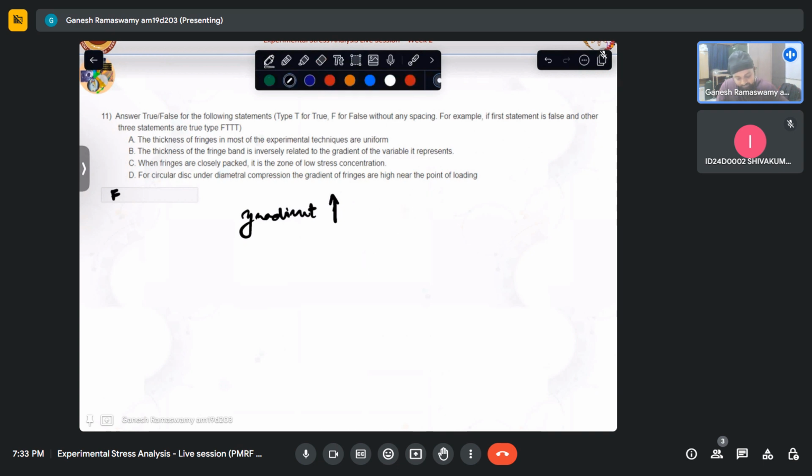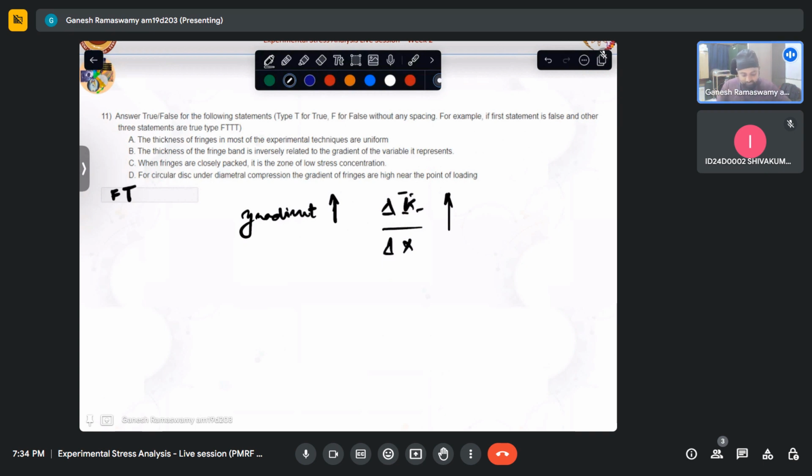Let this be that parameter, so delta K by delta X, if I talk about the X direction, has to be very, very high. In such a case, within this distance I have to accommodate so many fringe orders, so many colors. So naturally, it will be inversely varying. So it is true.